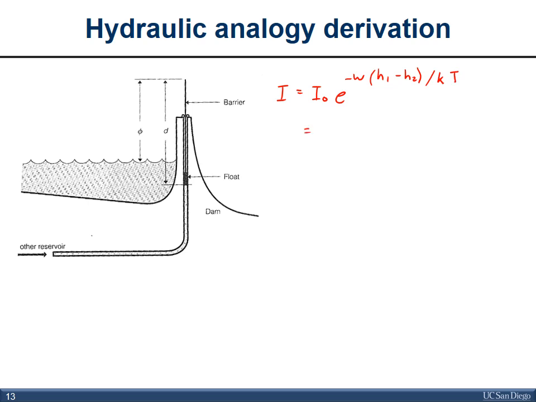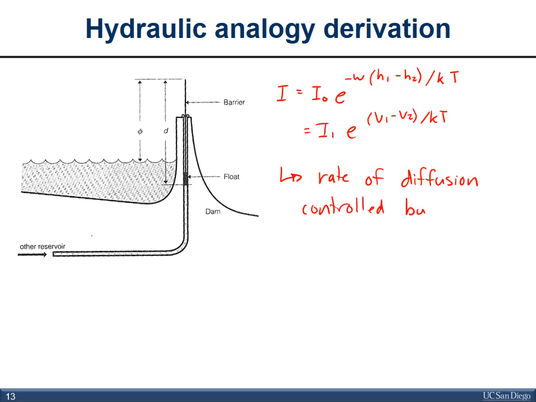Or in other words, I is equal to I naught e to the (V1 minus V2) over kT. This would be in voltage and electrical parameters. So what we're saying here is that the rate of diffusion is now being controlled by another variable.